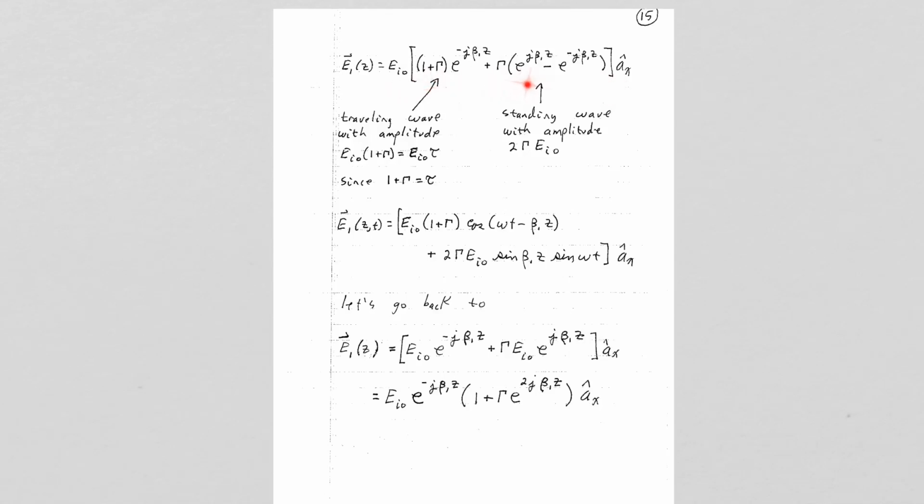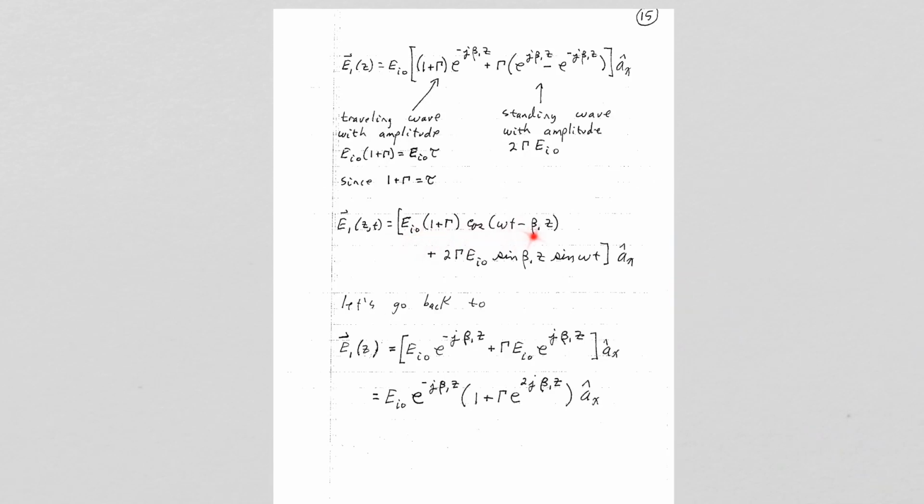If we multiply this by e to the j omega t and take the real part, we see that this first term is a propagating wave and this second term is a standing wave. This should agree with the mental representation you have. You know that part of the incident wave transmits into material 2.